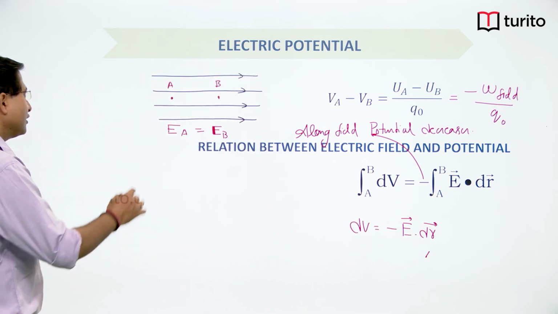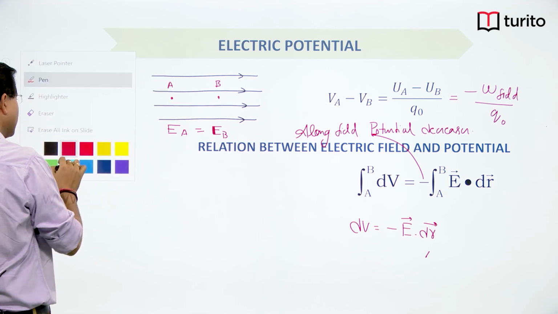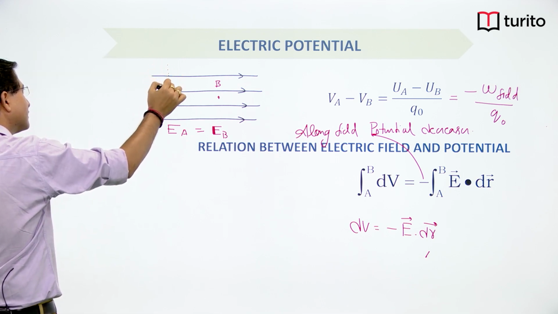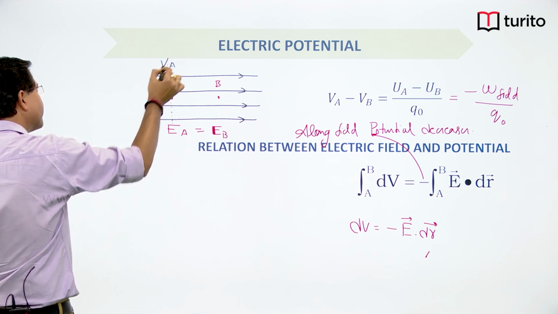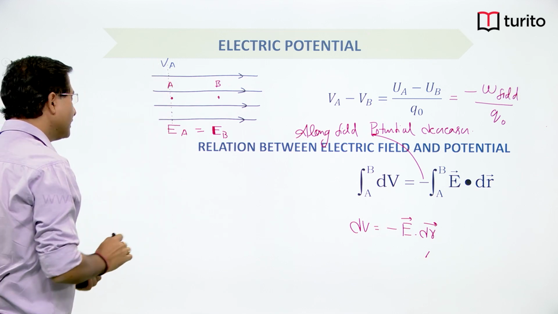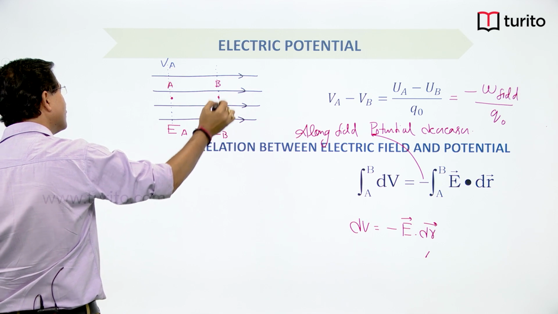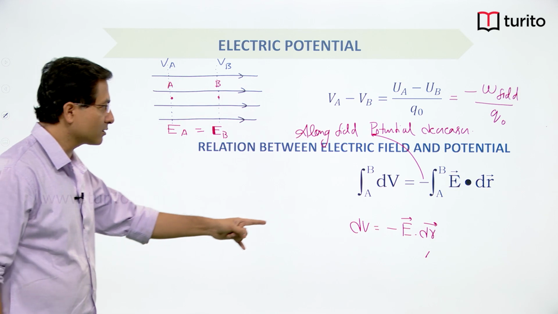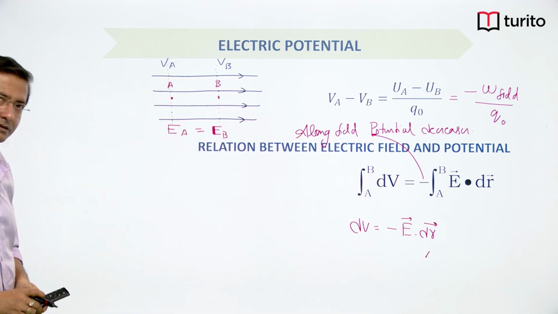That means if I say potential here, I will use a different color so that you will be more clear. Let us say potential here is VA and potential here is VB. So, according to the concept, along the direction of field potential decreases, right.